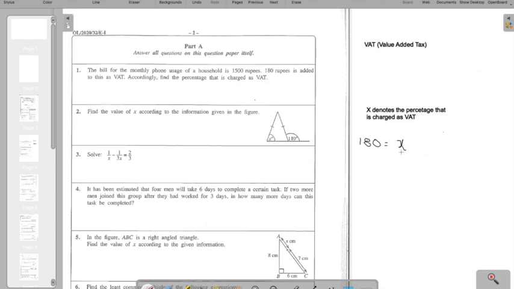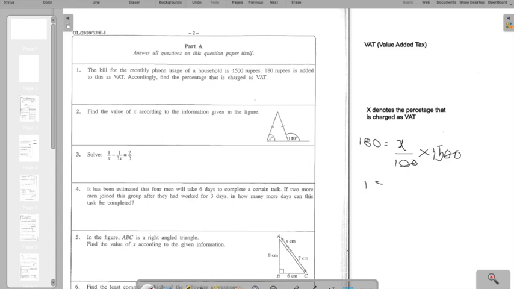Put x, since you do not know the percentage, and you put 100 as the denominator, right? 100 as denominator, and multiply this by 1500. Now cut the zeros off. You divide 1500 by 100, you'll get 15.